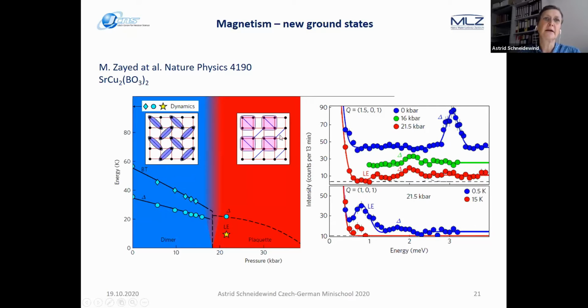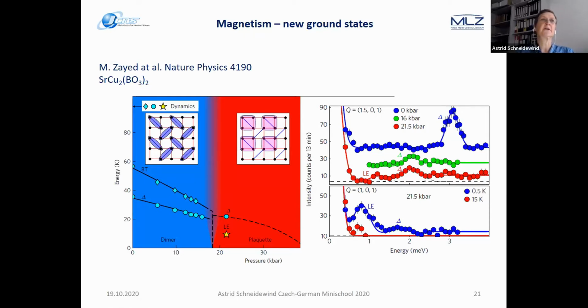This is related to this new state, which is a so-called plaquette state. You have, in addition to the coupling between two copper ions, coupling of four of these atoms, or the magnetic contributions of the atoms.